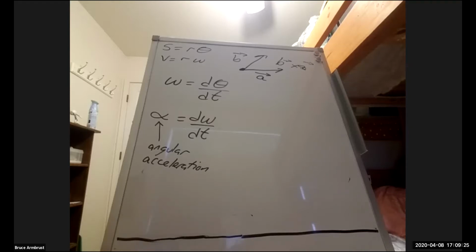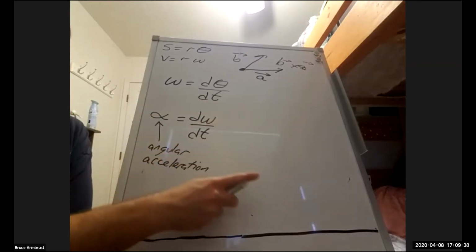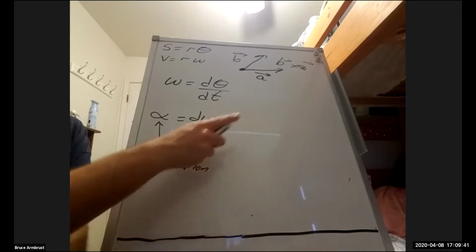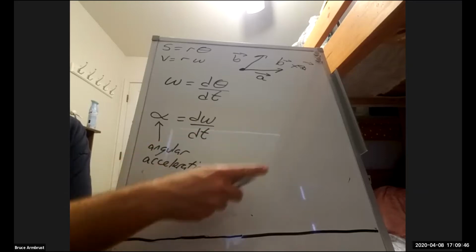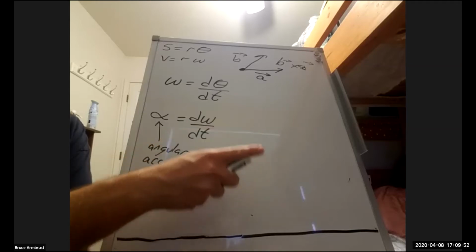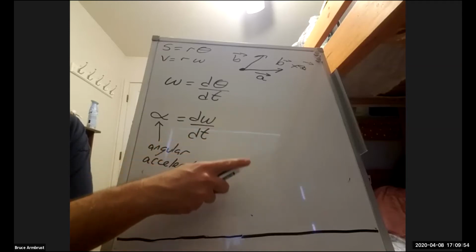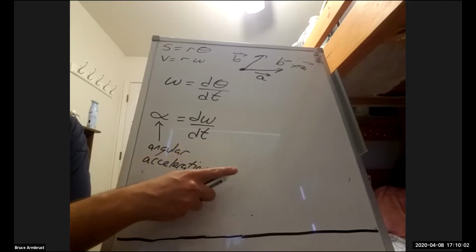If that bicycle wheel starts speeding up, it's undergoing angular acceleration, right? It's rotating at a nice little clip, just the same speed, right? So we're going around in a circle. But if we start going faster, I just increased my angular velocity. So I had a positive angular acceleration. If I start slowing down, I decreased my omega, which means I had negative angular acceleration.